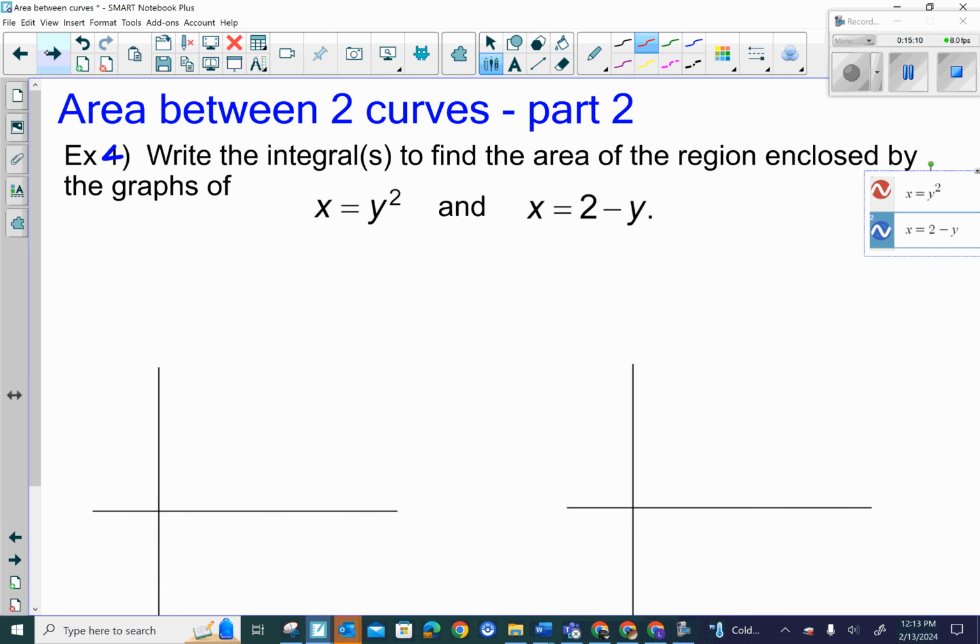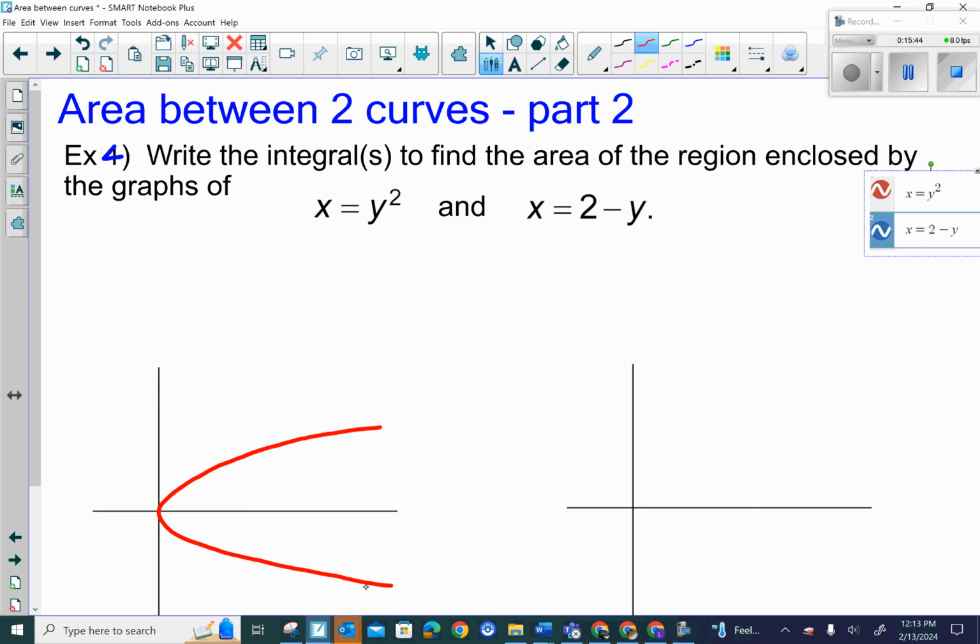Moving on, it's also possible to have functions in y. So life changes just a tiny bit if you have x equals y squared and x equals 2 minus y. Again, you always want to graph these. You can graph some points, or plug some in. x equals y squared happens to be a non-function really, but it's a sideways parabola.